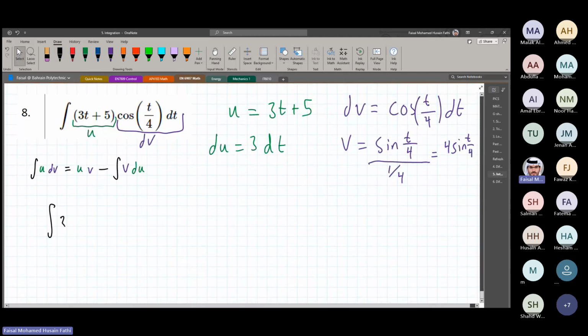So the integration of 3t plus 5 cosine t over 4 dt is equal to uv.